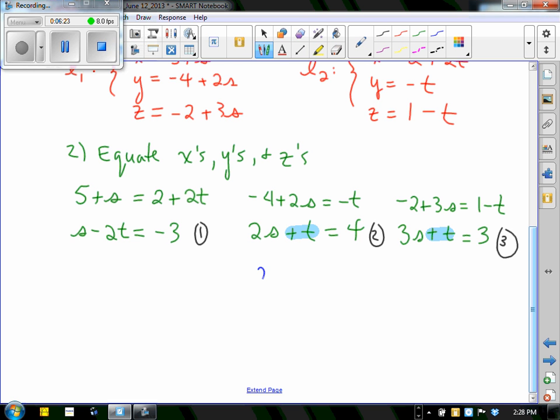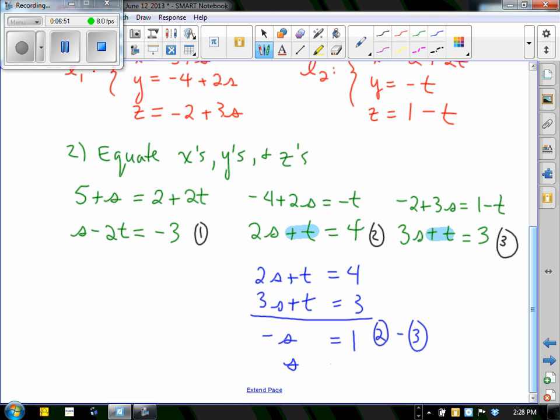We'll take equations 2s plus t and 3s plus t, and we will subtract: we'll take 2 and from that subtract 3. The t terms will cancel. 2s minus 3s gives us negative s equals 1, which means that positive s is minus 1. So we have a solution for the parameter s.